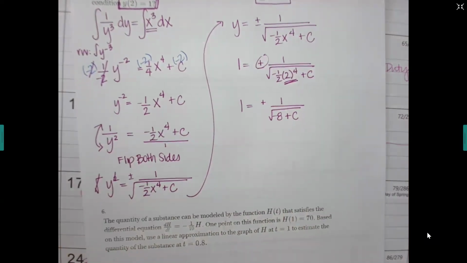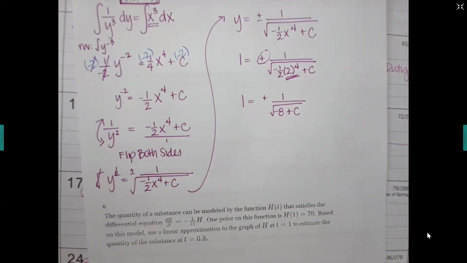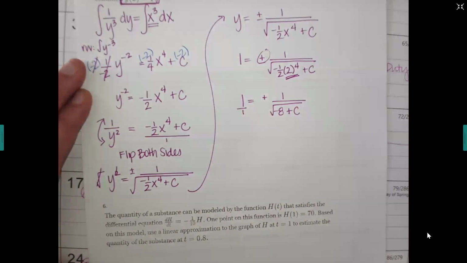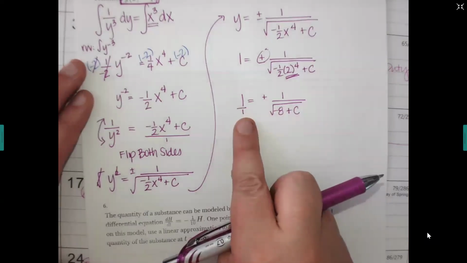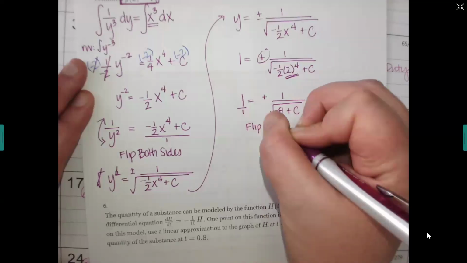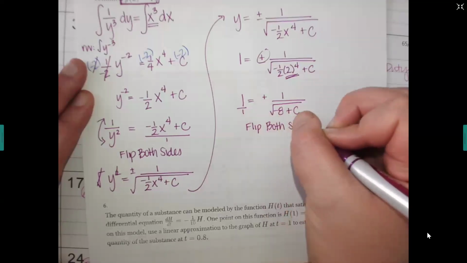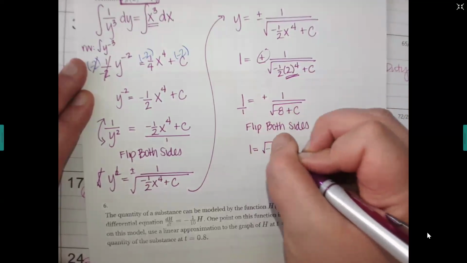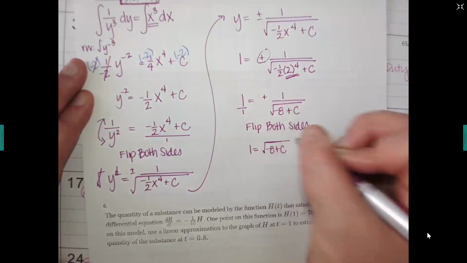Okay, from here, I notice my c's on the bottom. That means I'm going to flip both sides. But remember, it's kind of nice when this is a 1, because when I flip it, it's basically just going to stay a 1. So we're going to flip both sides. 1 over 1 is still 1, and now this is negative 8 plus c under a square root.